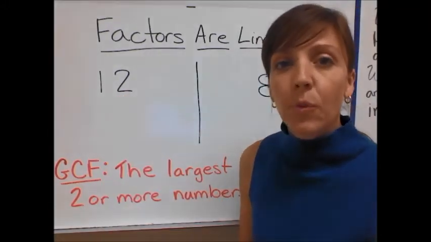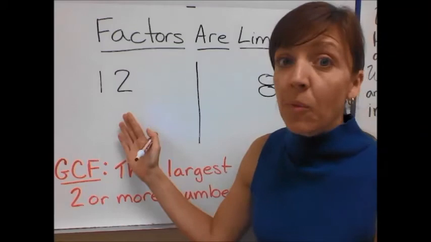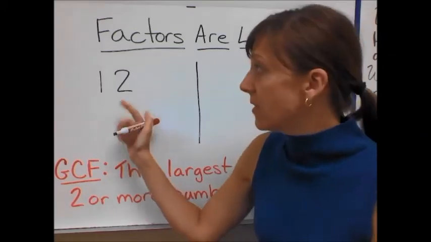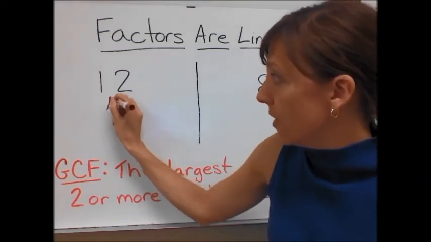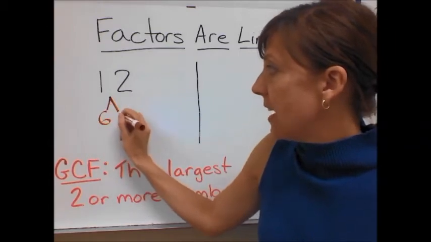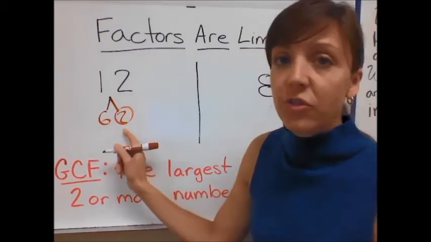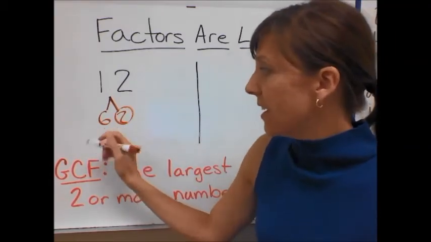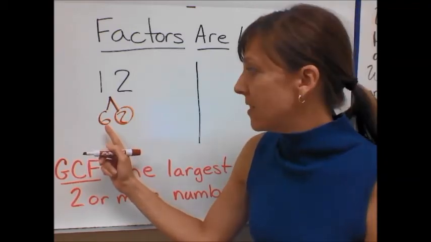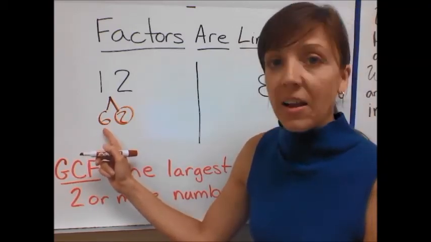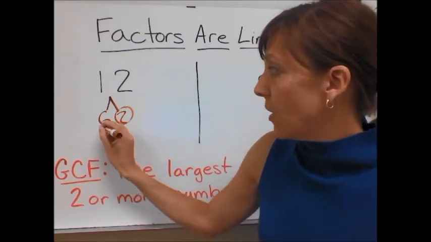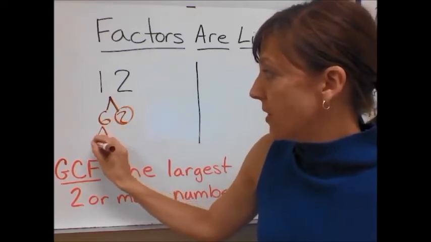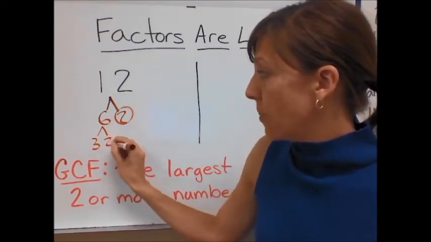For instance, the number 12. If I want to find the factors, I've got to break it down. So I'm going to break down the 12 into 6 and 2. Now I'm going to take that 6, and I know that this is not a prime factor, so I am going to break this number down until I have prime factors.